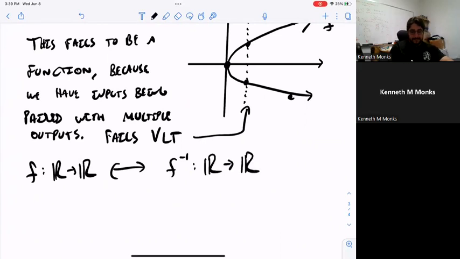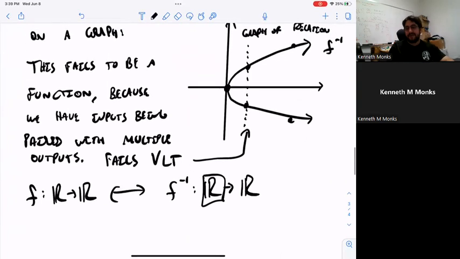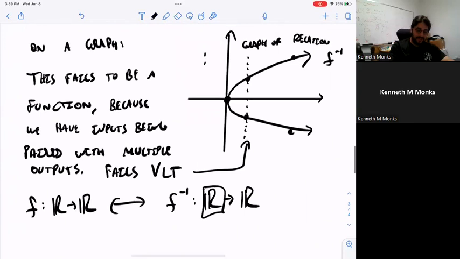So f inverse is undefined on a lot of its domain. So you kind of have two problems. Over here, the vertical line is intersecting the graph 0 times, so over here it's undefined. And over here, the vertical lines are intersecting the graph 2 times.